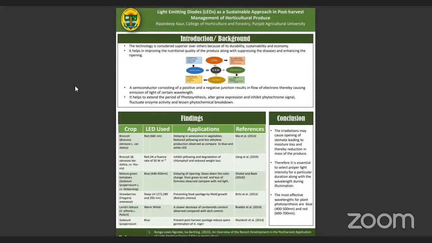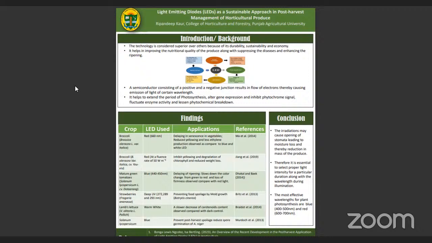As we all know, horticultural commodities are the most perishable among the farm produce, and almost 30 to 50% of the produce is deteriorated during post-harvest handling, incurring heavy losses to the farmers. The conventional methods of using chemicals are being criticized by society because of the harmful effects they pose on human health and the environment.